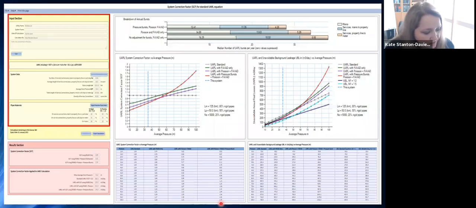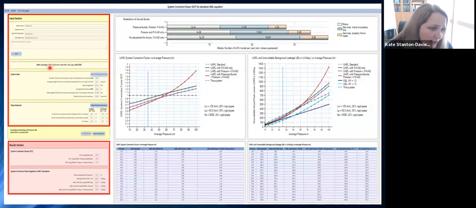The first section we're going to look at is the bottom left results section. And this shows the numeric values for the system correction factor. So basically we're talking about this value here for the system correction factor in the corrected equation. That's what it's calculating it at, depending on whether we're considering just the effects of FAVAD, FAVAD and Poisson, and FAVAD, Poisson and pressure bursts.